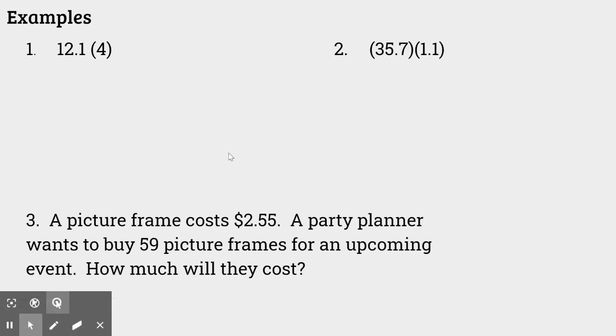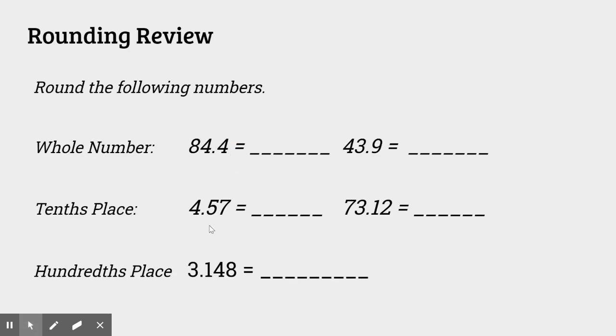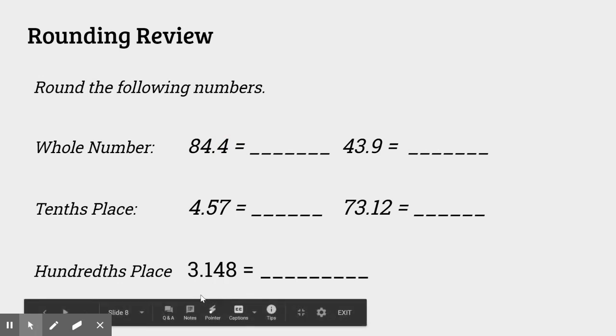Now, really quick, let's discuss some rounding. When it comes to rounding, sometimes with decimals, you may have an example like down here where it says hundredths place 3 and 148 thousandths. Your final answer, they may ask you to round. So let's review rounding.